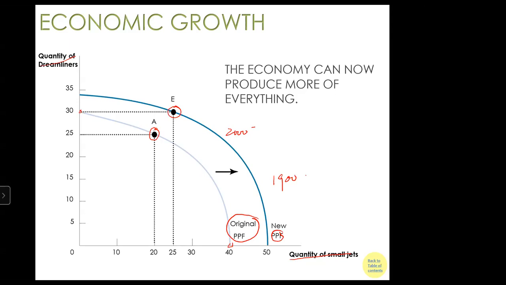Now we can produce more in both goods, right? And if you are careful enough, you may see that actually the slope of this curve may change as well. So that reflects the technological progress, right?